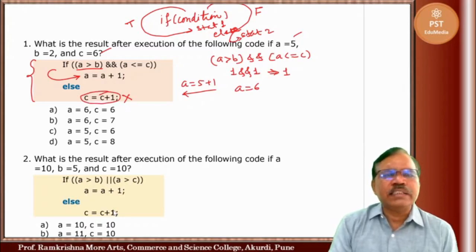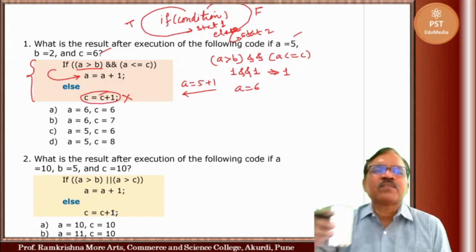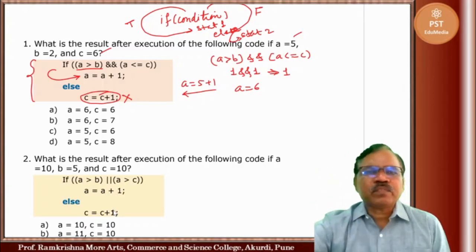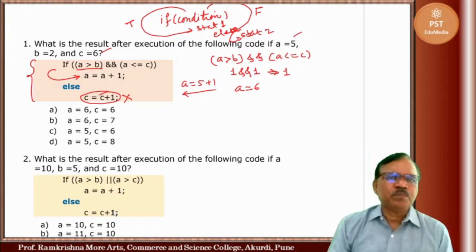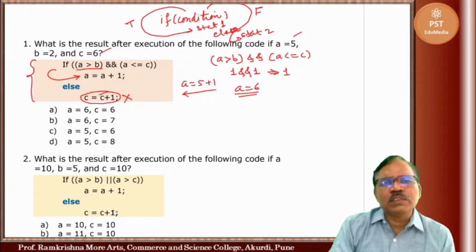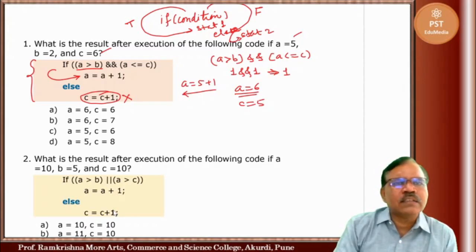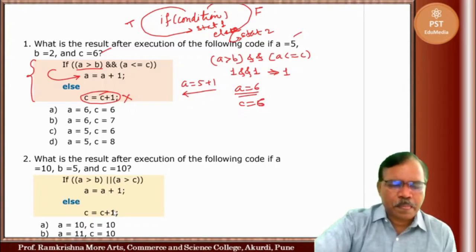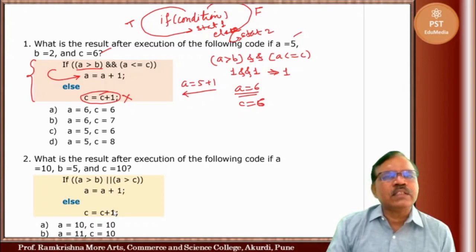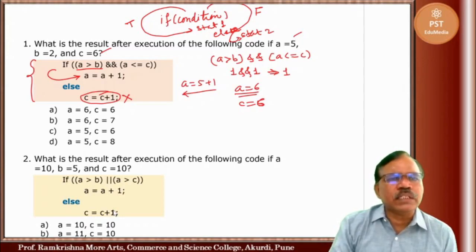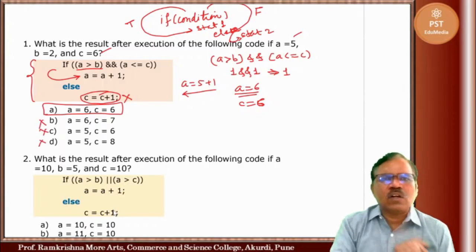Since this is not executed, the value of C will not change. C is equal to 6. So A equal to 6, C is equal to 6. So out of 4 alternatives, this first one is correct. This is not correct, this is not correct, this is not correct.